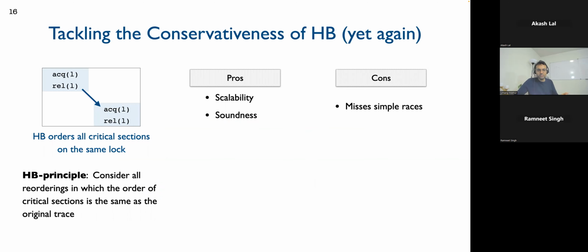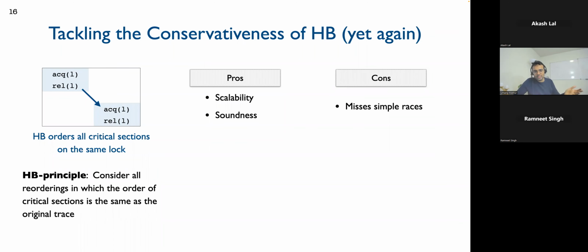Let me tell you that the principle behind these kinds of races is that we want to go back and rethink why we did not like happens before. Instead, we want to actually go back and rethink why we liked happens before. The reason we liked happens before was because it was scalable.